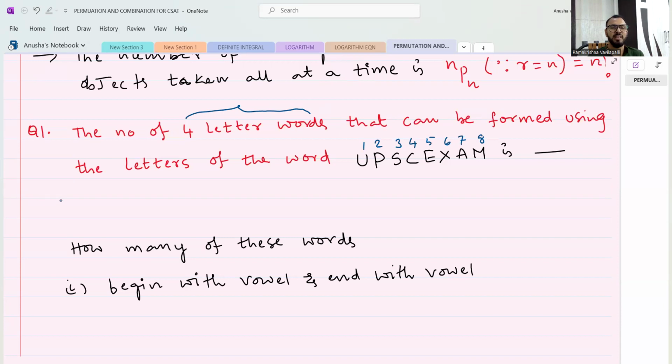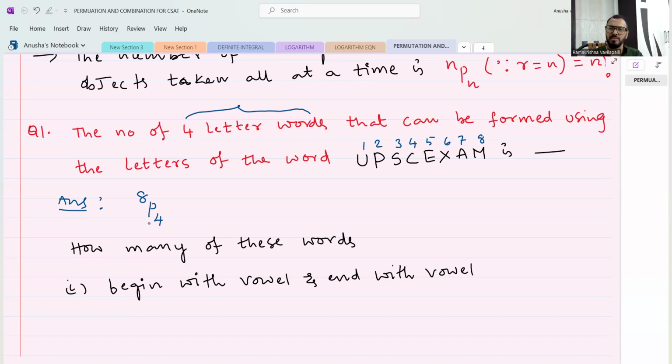So answer is very simple that the answer is out of 8 objects, we have to select 4 objects and arrange them. That is 8P4. So the number of 4-letter words that can be formed using the letters of the word UPSC exam means there are 8 objects. We have to frame 4-letter permutations.